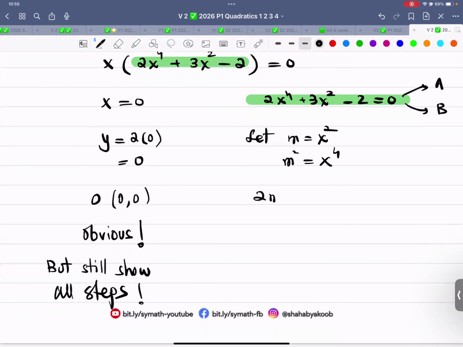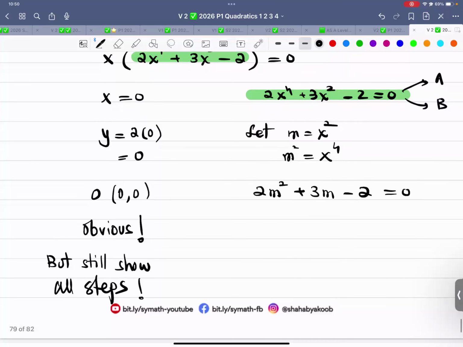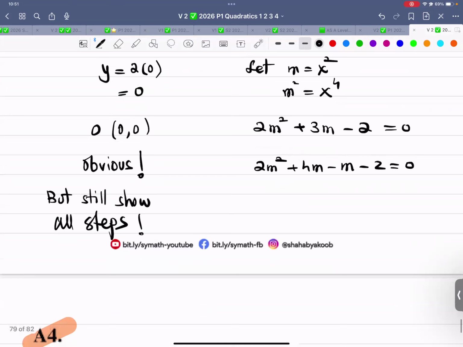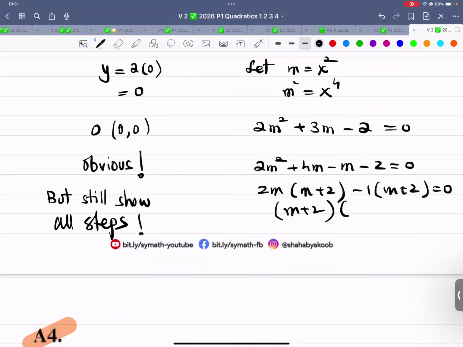So this is 2m^2 plus 3m minus 2 equals 0. This is 2m^2 plus 4m minus m minus 2 equals 0. This is 2(m plus 2) minus 1(m plus 2) equals 0. (m plus 2)(2m minus 1) equals 0.